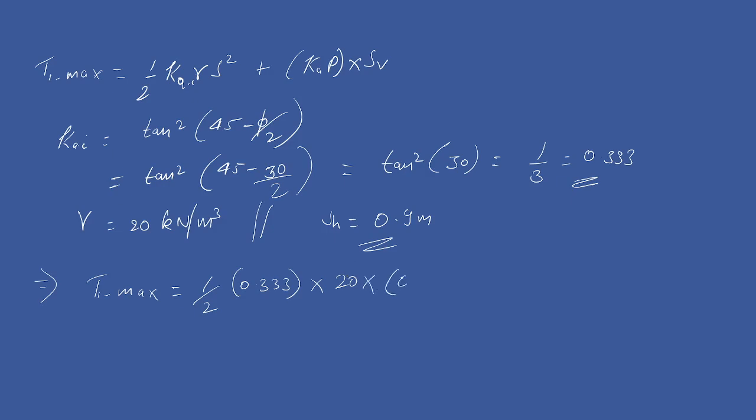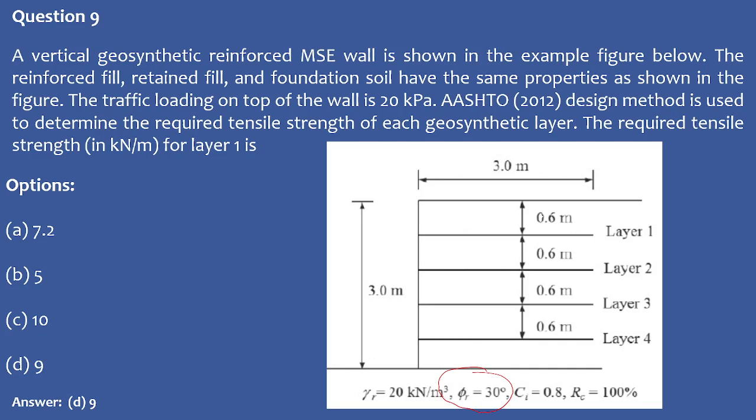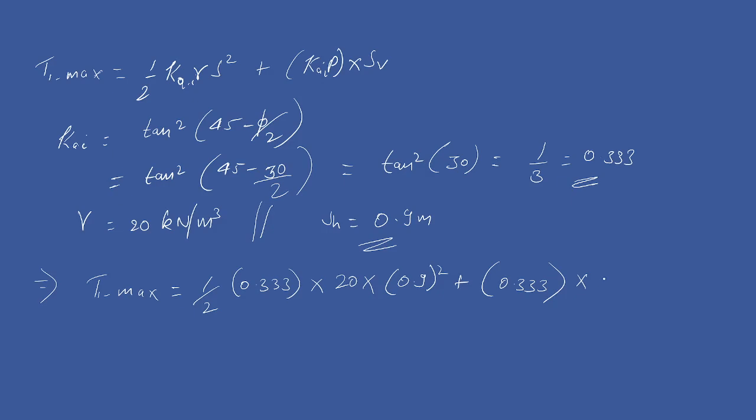H is 0.9 squared, plus Ka, which is 0.33 again, into the load coming from the traffic, 20 kPa. So the pressure is 20 here and the length is 0.9 meter.